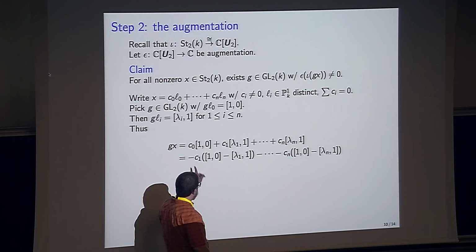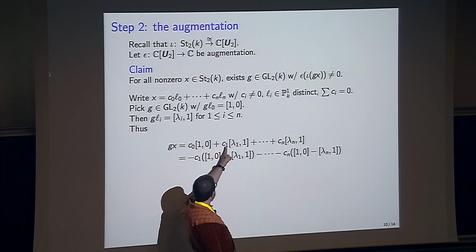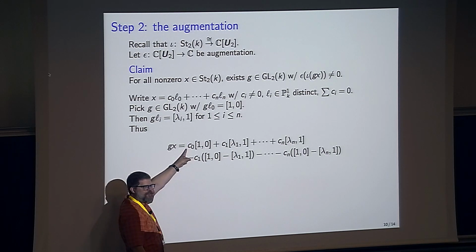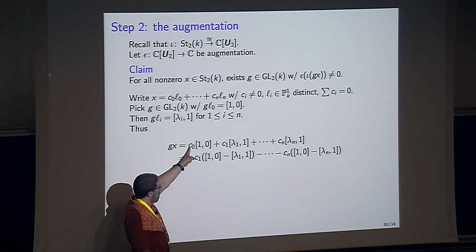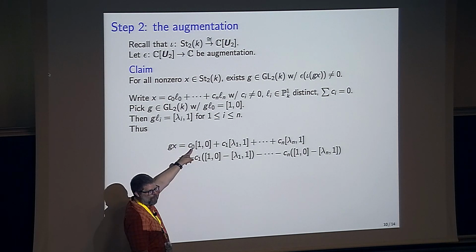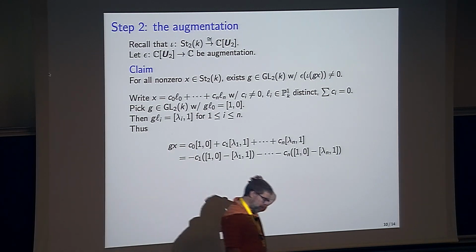So if you expand this out, you're going to get the right coefficients in front of each of these things. You might worry you're going to get the wrong coefficient in front of (1, 0), but you don't, because c_0 is equal to negative the sum of the coefficients. So you do get c_0 in front of (1, 0). Okay?